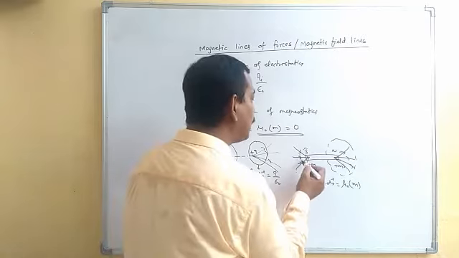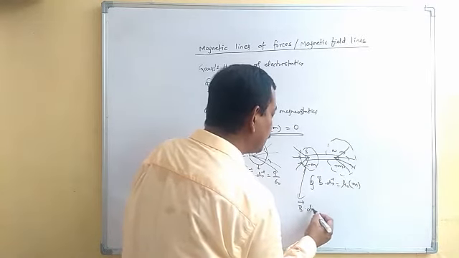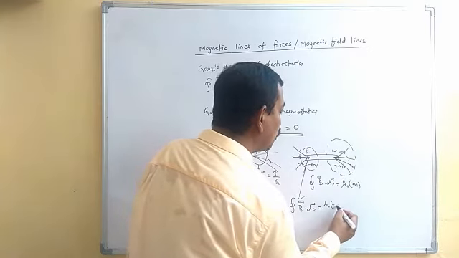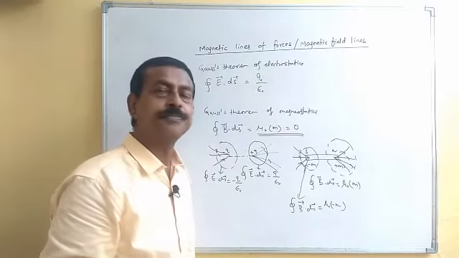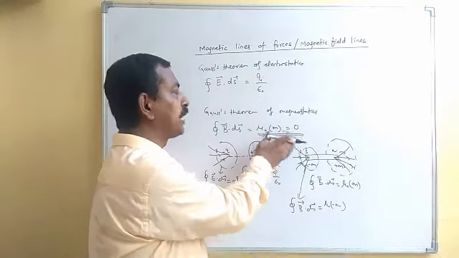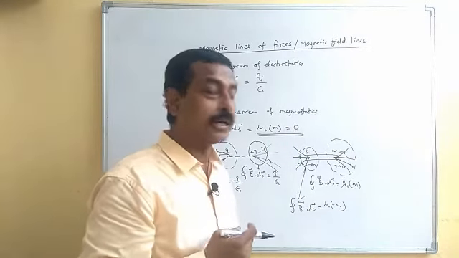Similarly here if I apply, in this case how much it should be? ∮B·dS integral, this should be mu naught into minus M, which is wrong, because according to Gauss theorem of magnetostatics it should be 0. How can you get 0 there?